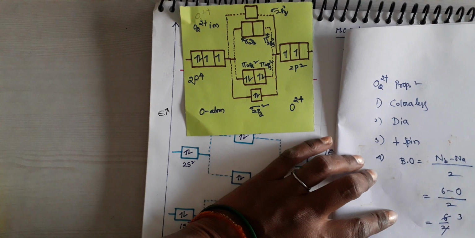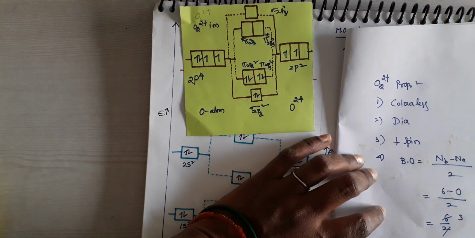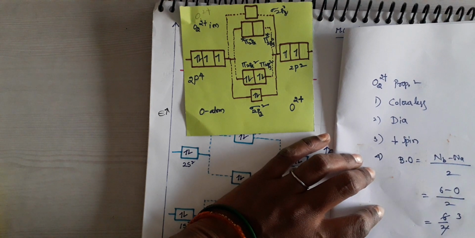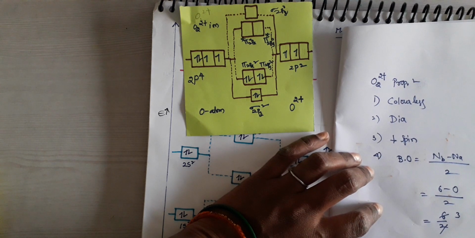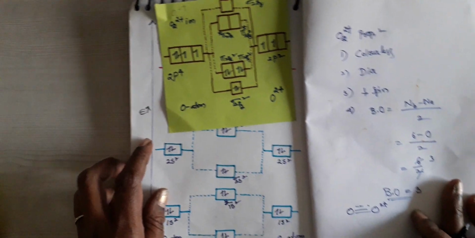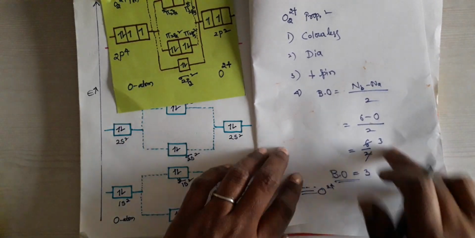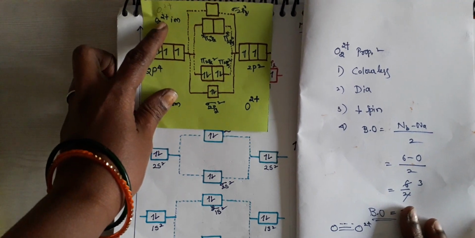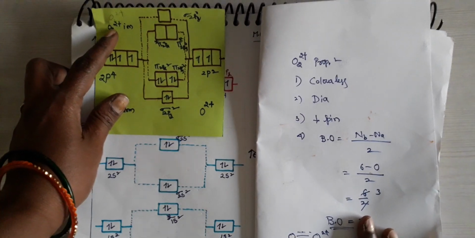Bond order equals 3, nothing but in between O and O2 2+ maybe 3 bonds are a possibility. Okay, so this is about O2 2+ ion properties, and this is the molecular orbital diagram.